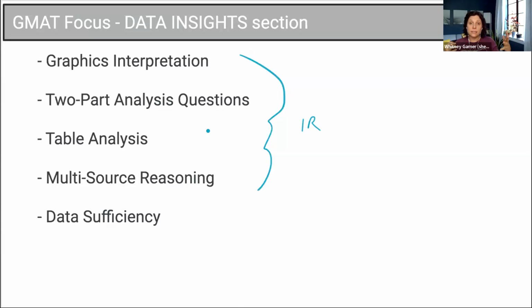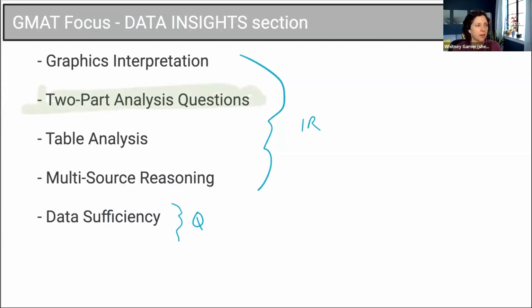And then the data insights section is going to pull the data sufficiency from what is currently part of the quant section of the current legacy, if you will, GMAT edition that will be retired in the spring of 2024. So tonight's plan, we are going to focus on this 2-part analysis question.